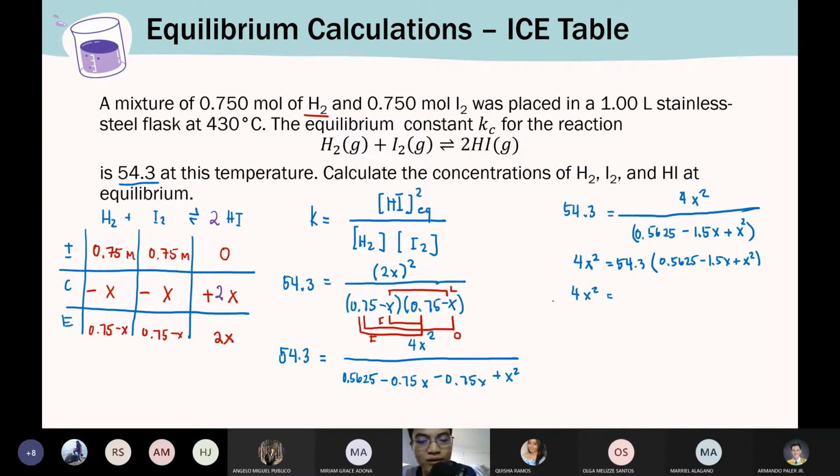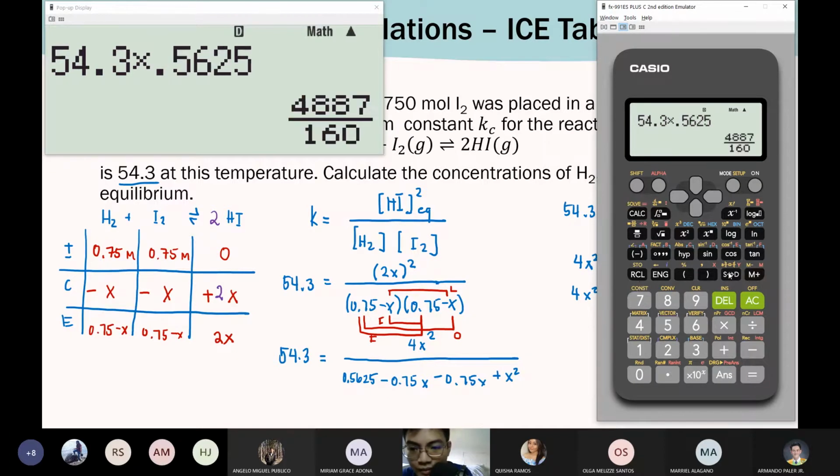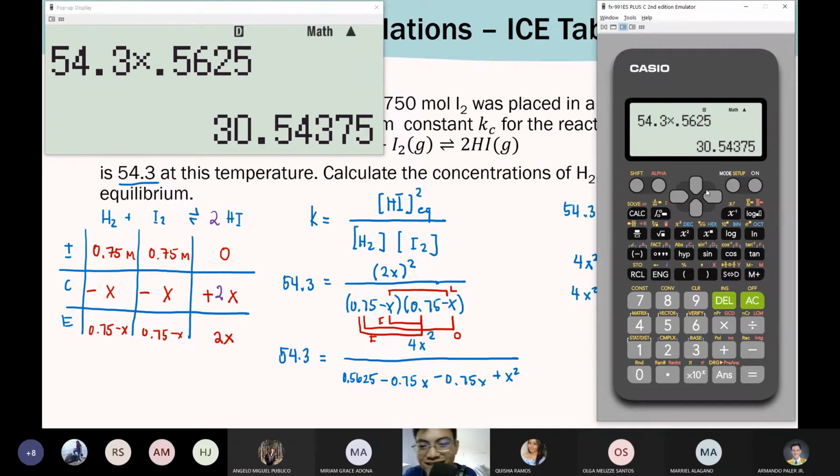X squared. Kalimutan ko kanina. Okay. So 54.3 times 0.5625. Pag ganyan, kopyahin mo lahat, ha? Hindi pwede mag-shortcut dito.